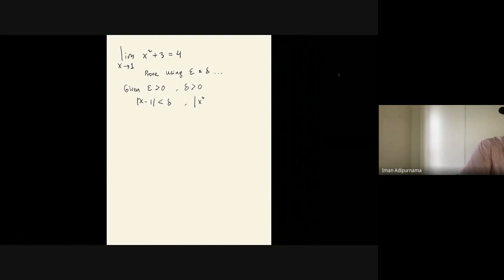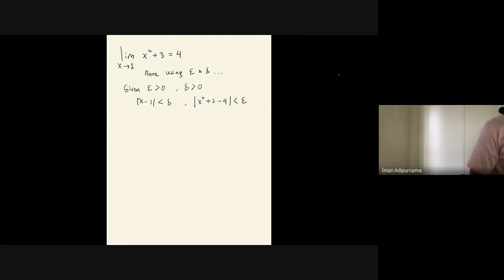So, |x squared + 3 - 4| is less than epsilon. Usually we start from the epsilon, and then we find some relation with the delta. We use that delta and prove, and bring back the original equations.